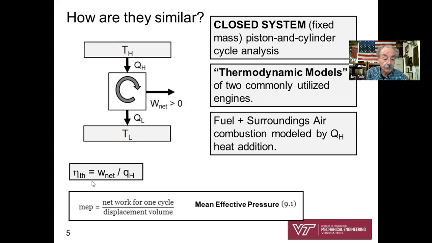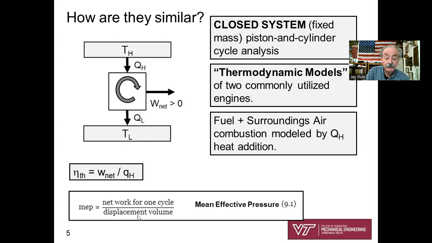Also, the measure of performance, the thermal efficiency, is the energy sought, W net, over the energy that costs us, QH. We've got to buy that fuel. That's the definition of thermal efficiency for both cycles. And also some new jargon, especially for those of you interested in automotive engineering, the mean effective pressure, the MEP, is the net work for one cycle divided by the displacement volume.